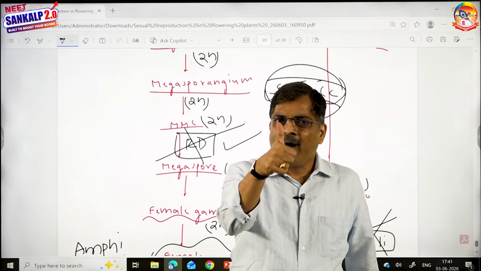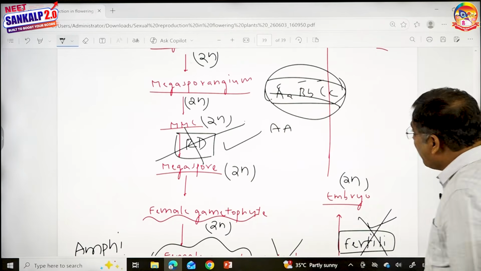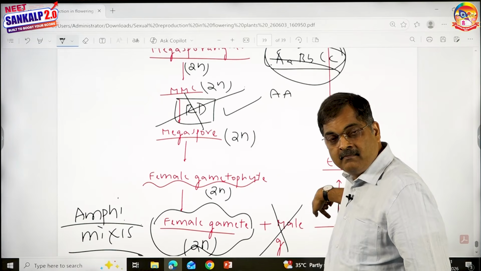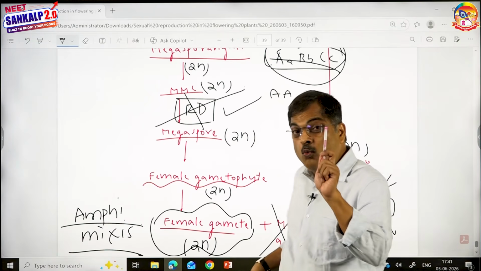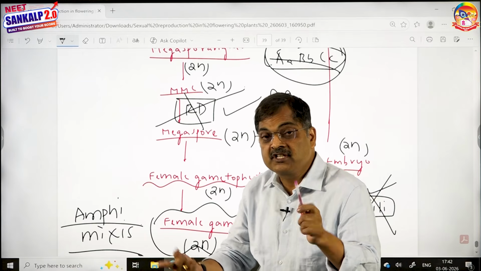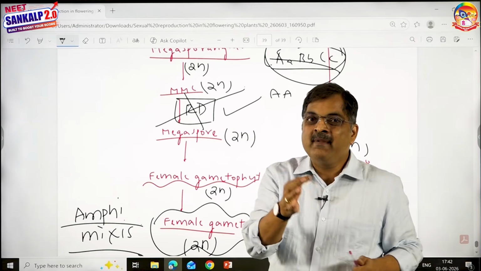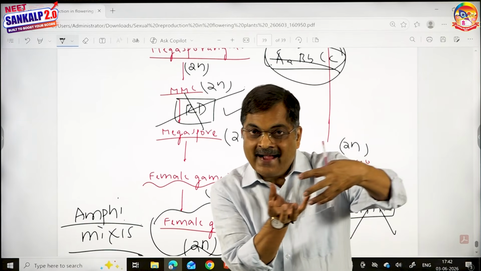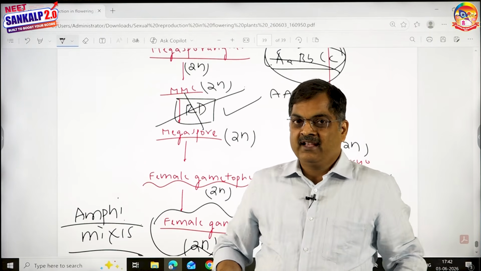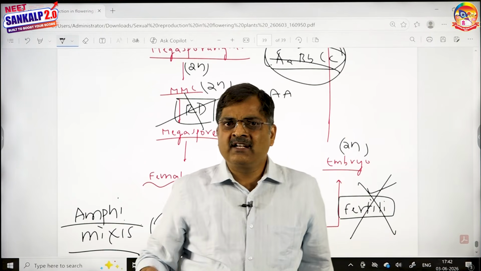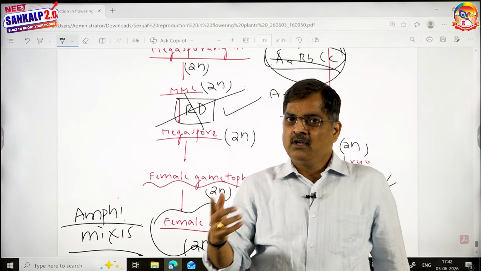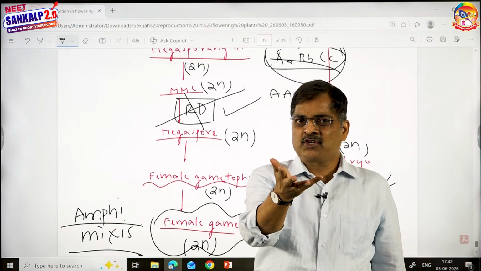You may ask me, why many embryos? Look here. One of them developed by amphimixis, means double fertilization. That one is the amphimictic embryo, the sexual embryo. And the remaining embryos develop by the encroachment of nucellus into the embryo sac. Can I call them apomictic embryos? If nucellus is developing into an embryo, there is no meiosis and reduction division.